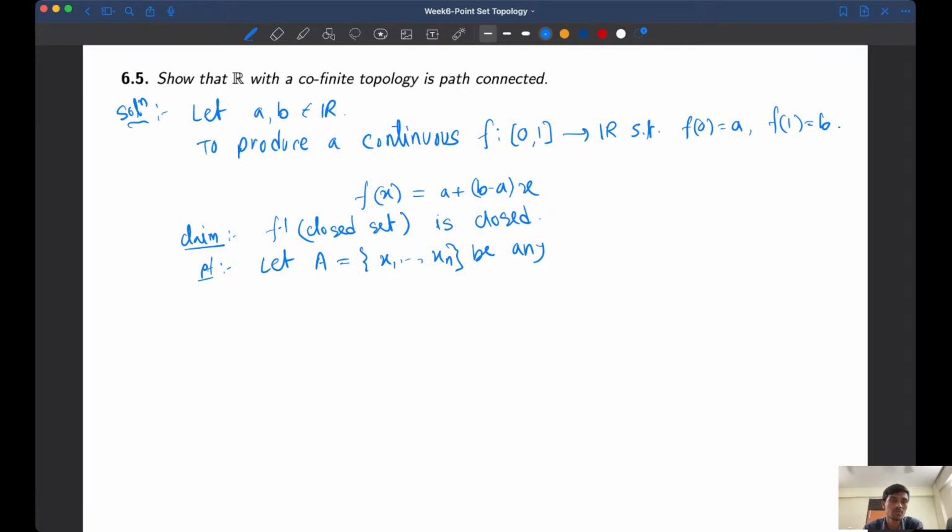So the complement is open means that it is the complement of some finite set. So if A is closed, then A must be some finite set. So let this be any closed set in R with cofinite topology.